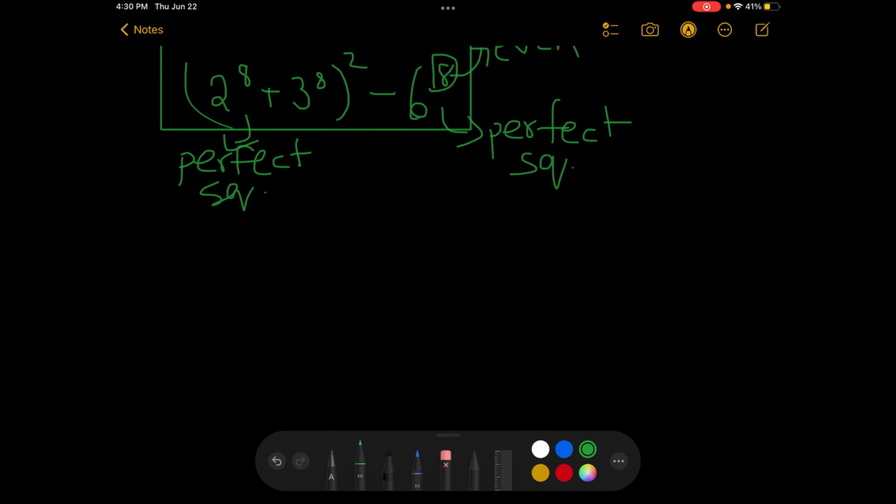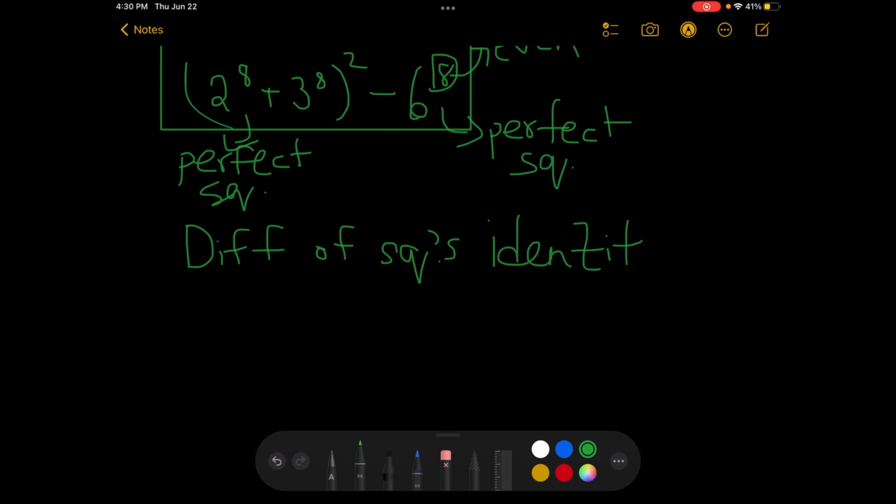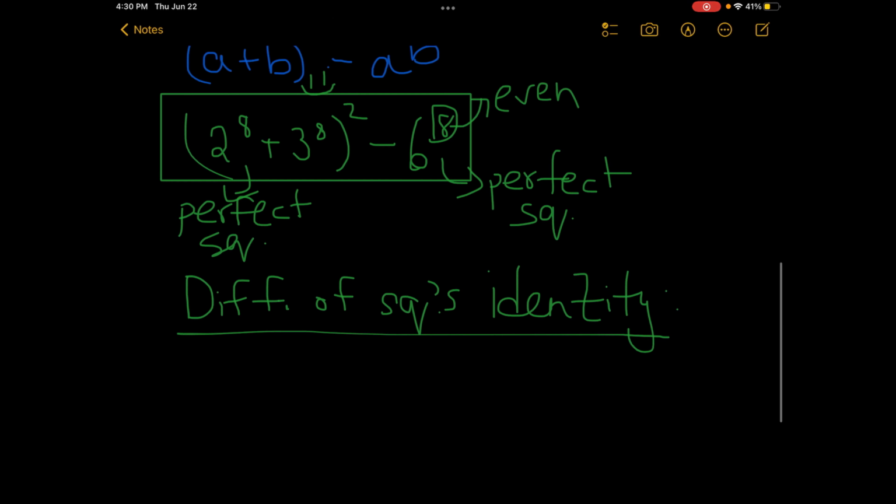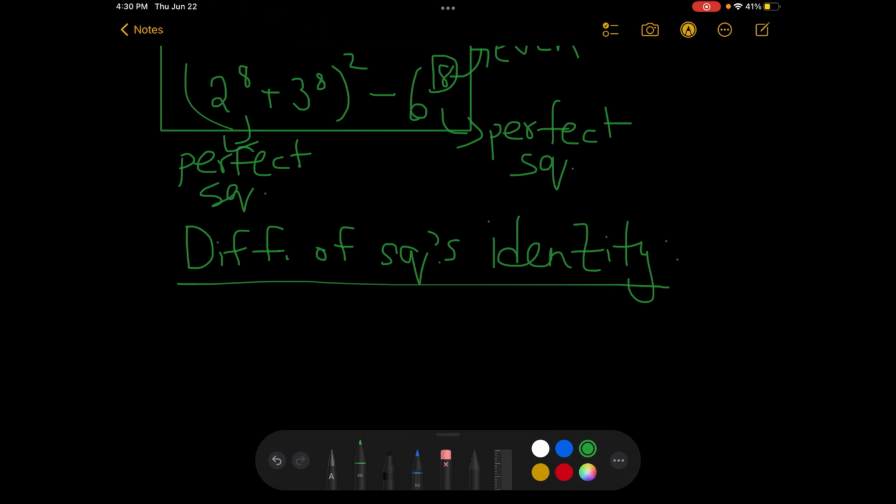So using the difference of squares identity, the expression that's boxed in green becomes 2 to the 8th plus 3 to the 8th, that's the square root of the first term, minus the square root of 6 to the 8th, which is 6 to the 4th.